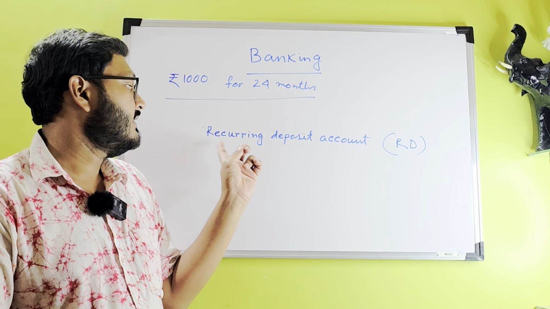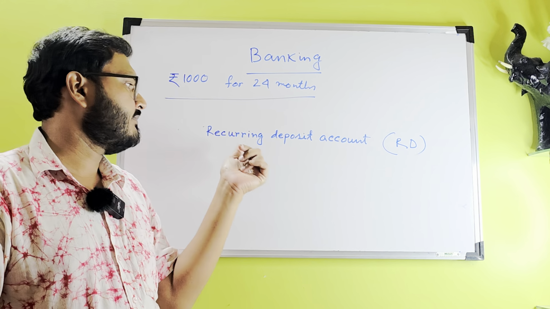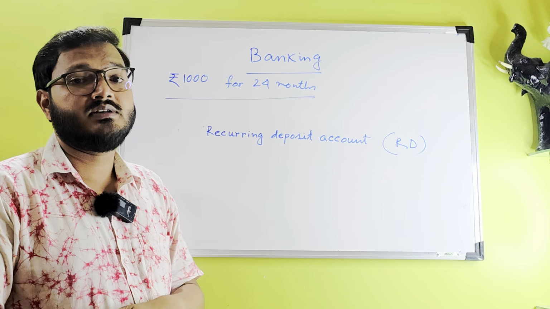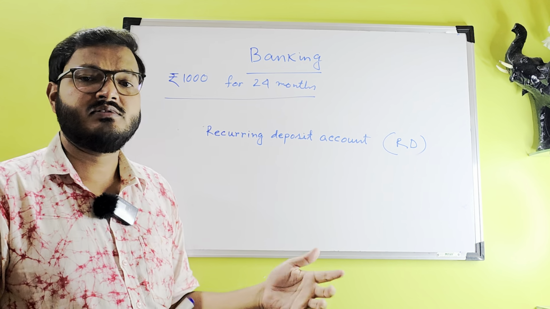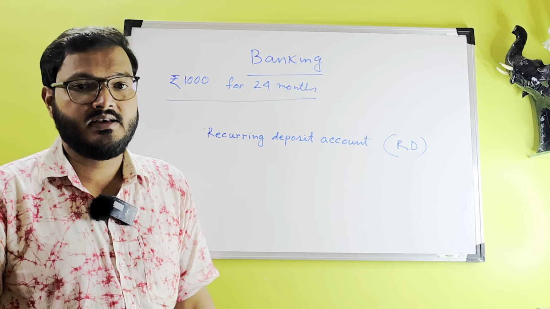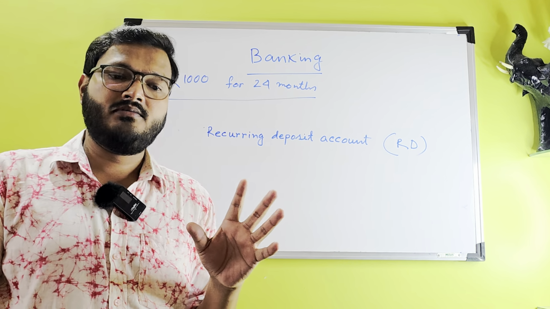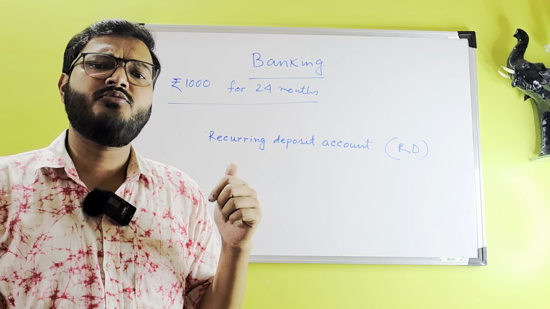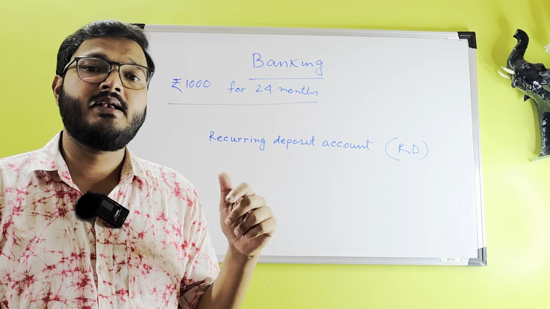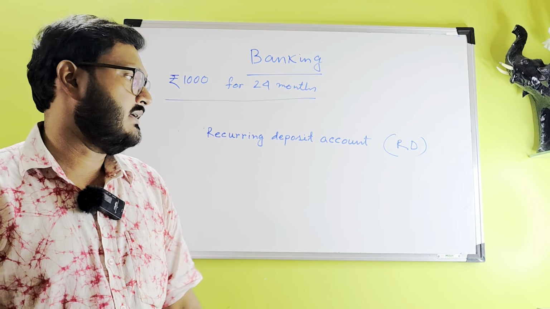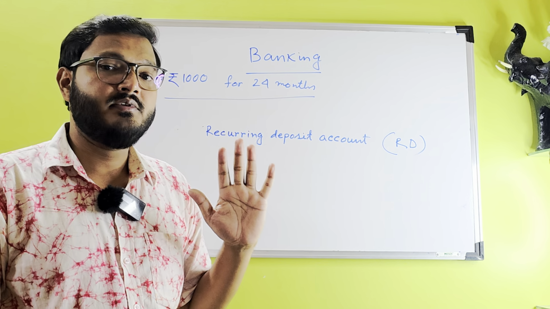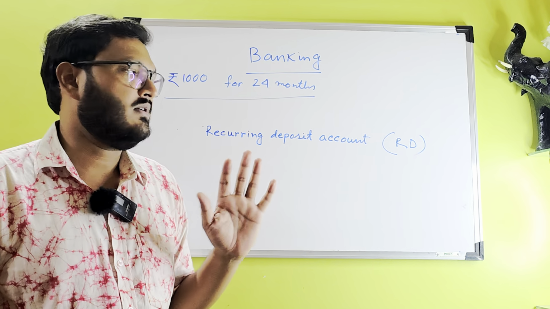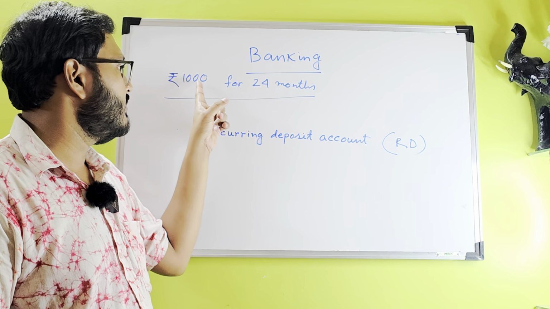So recurring, repetition of the same thing, this is called a recurring deposit account or cumulative deposit account, same thing. Generally we use RD. If you go to a bank, there are two popular terms, RD and FD. RD means recurring deposit account. I hope it's clear what a recurring deposit account is.